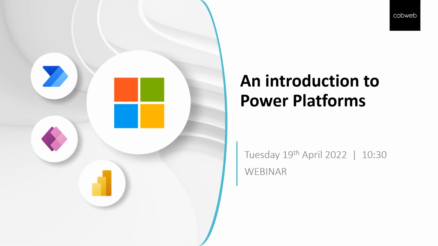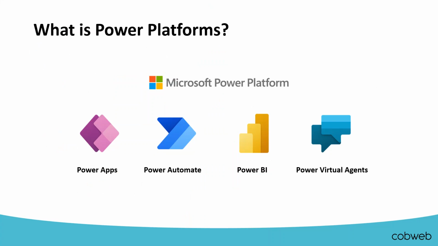So that's why here at Cobweb we've started this mini series just explaining the key parts of Power Platforms, and in more detail in the independent sessions we'll run through the 3 main areas of Power Platforms in general. So we'll start off with a quick overview of the 4 areas of Power Platforms. So there is 4 areas, although I previously did mention that there was 3.